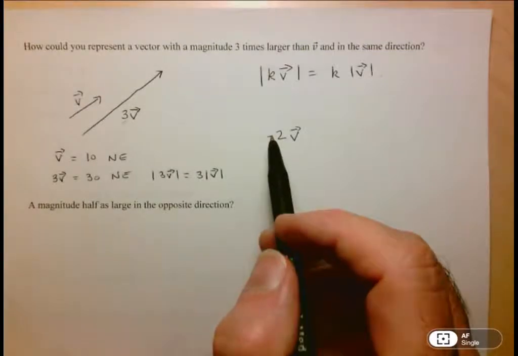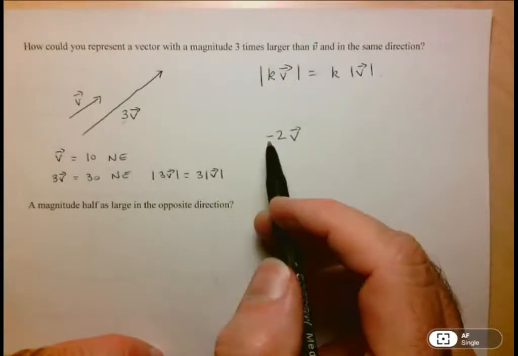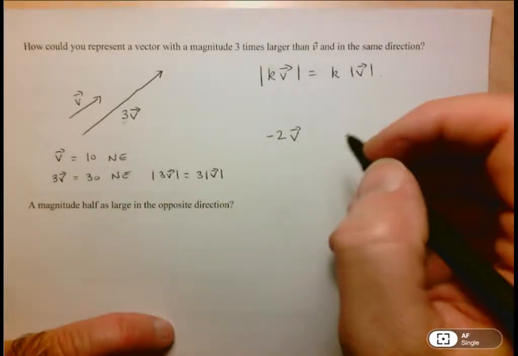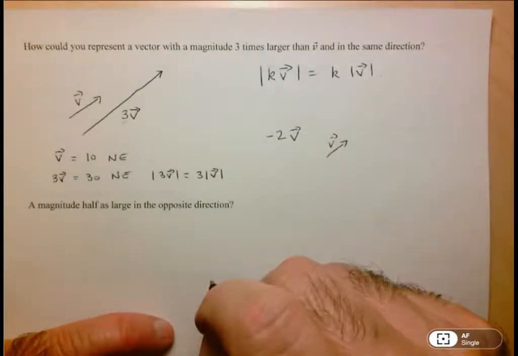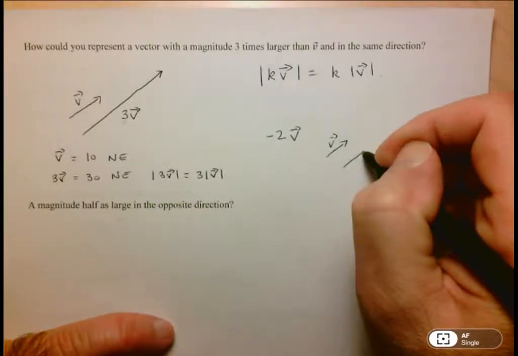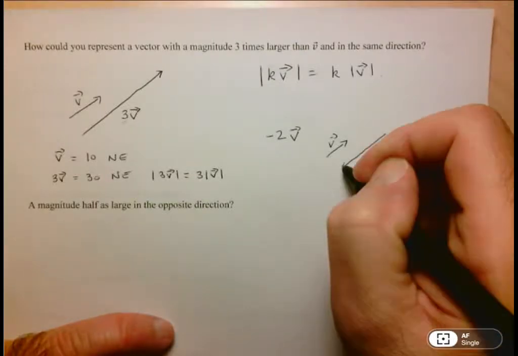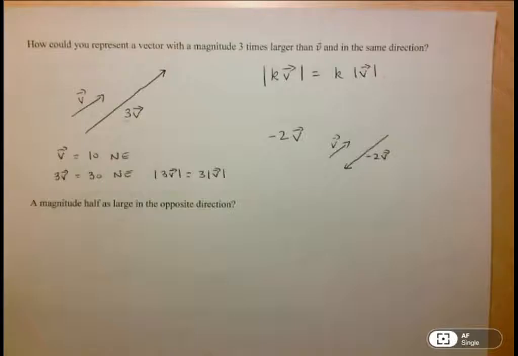We used it to represent the opposite direction. And so that's all it's going to be. It's just going to be a combination of those two. So if this is my vector v, the vector -2v will be twice as long, but pointing in the opposite direction.